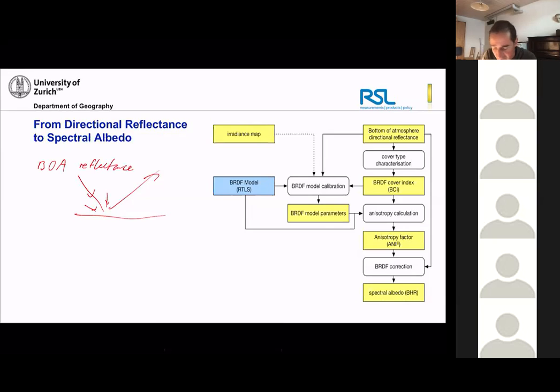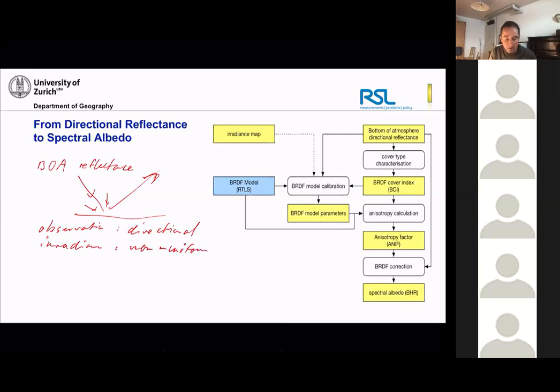I think that's the best term describing what you have after atmospheric correction, bottom of atmosphere reflectance, because you have a directional observation. So observation is directional, irradiance is non-uniform.